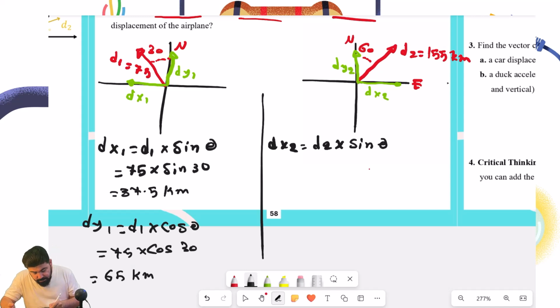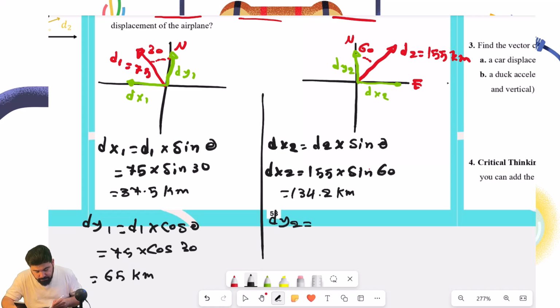So dx2 is equal to 155 times sine of 60. We have 134.2 kilometers. That is my dx2.